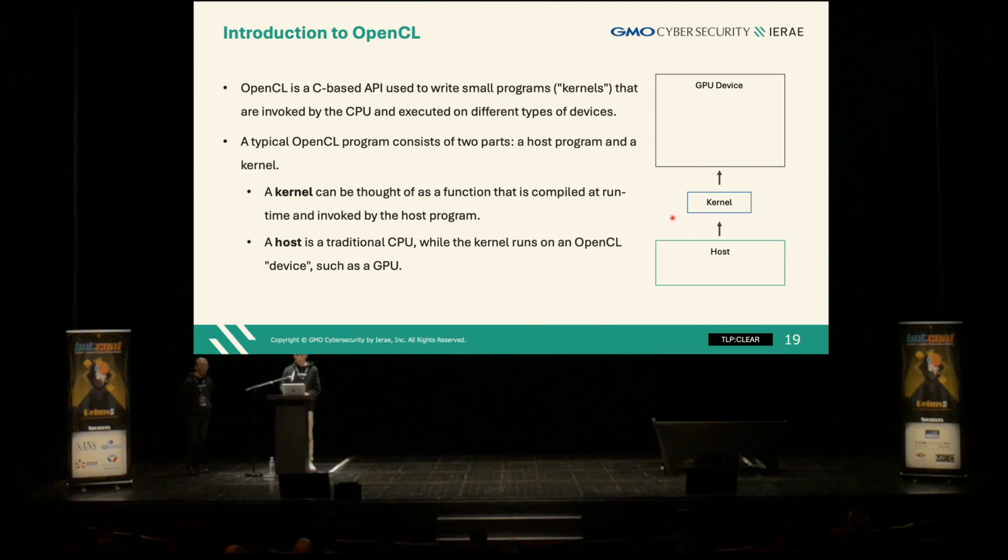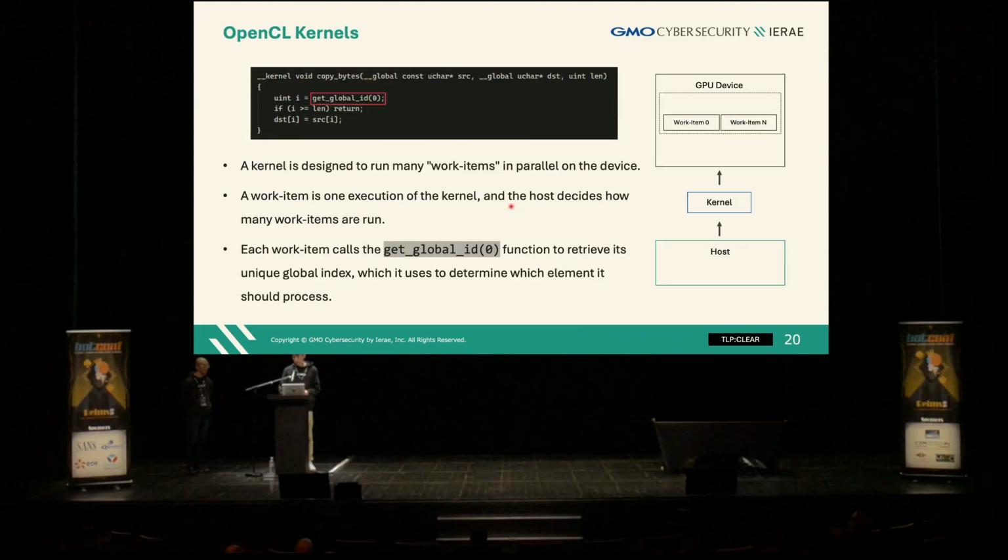A kernel can be thought of as a function that's compiled at runtime and then invoked by the host itself. The host is just a traditional CPU, and the kernel then runs on an OpenCL device, as they're called, which in the malware's case specifically, that we saw, is a GPU.